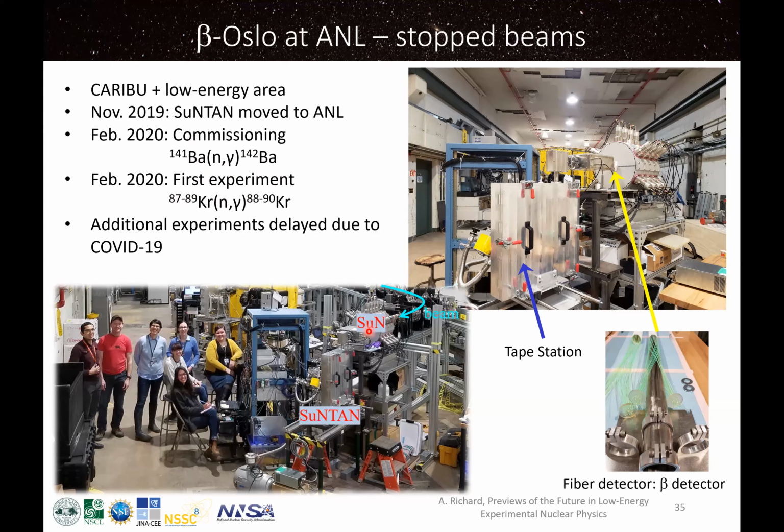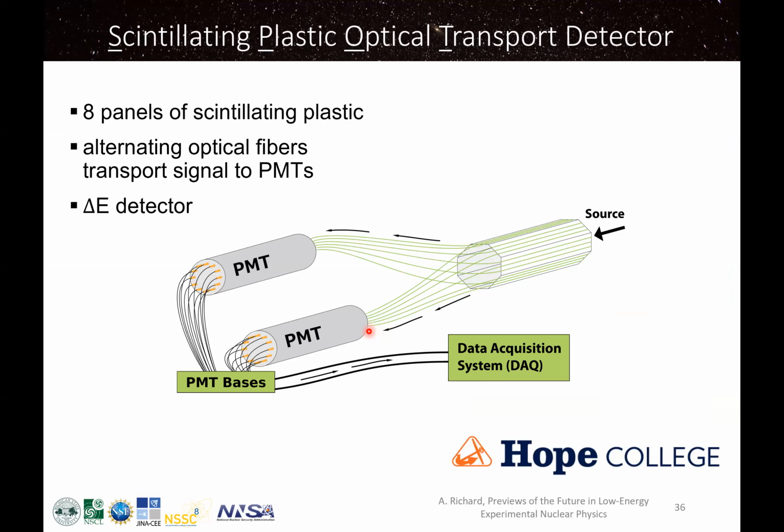So now I'm going to talk about the different detector components that we have that are very different from what we used at the NSCL. The first thing is that our beta detector is actually a fiber detector, what's lovingly called by the graduate students SuNSPOT, which is the scintillating plastic optical transport detector. It's 8 panels of scintillating plastic that are shown here in the white.